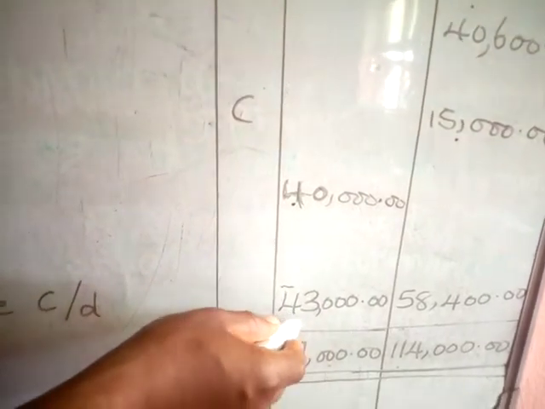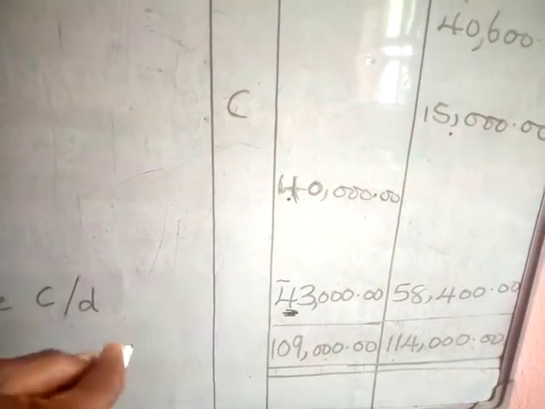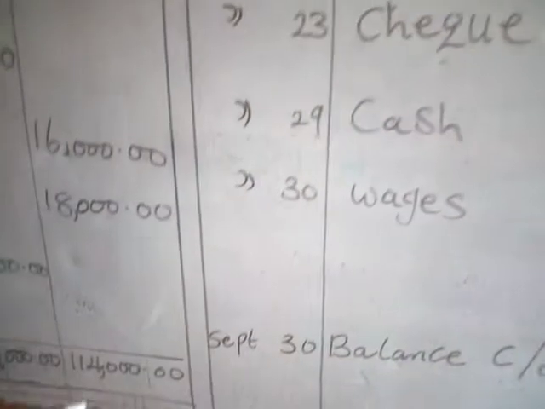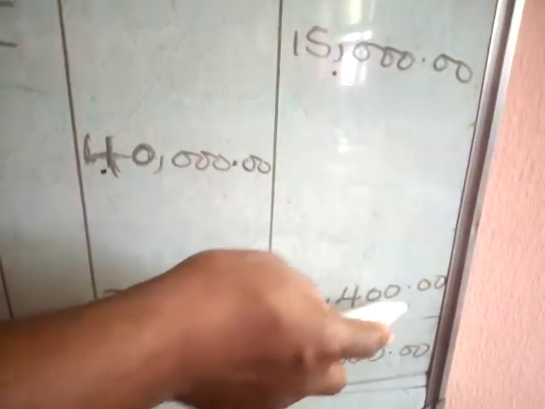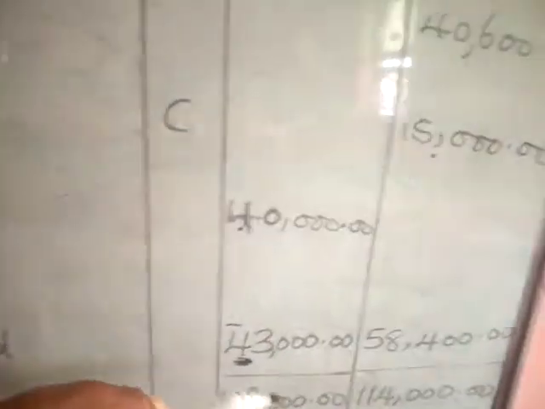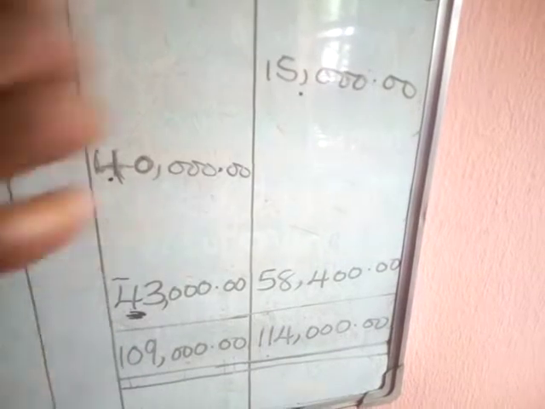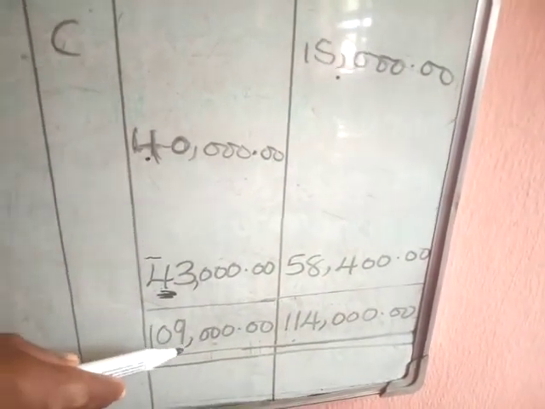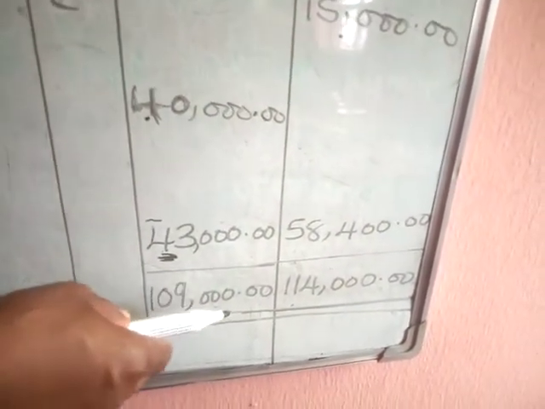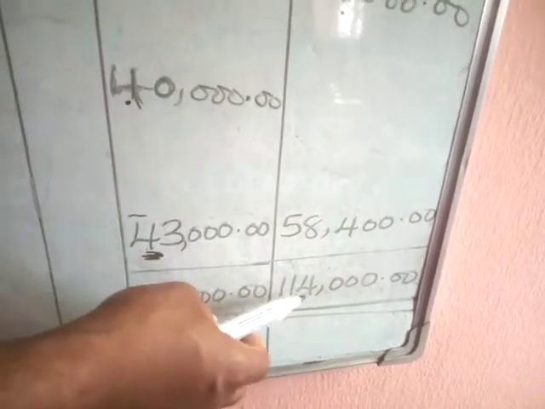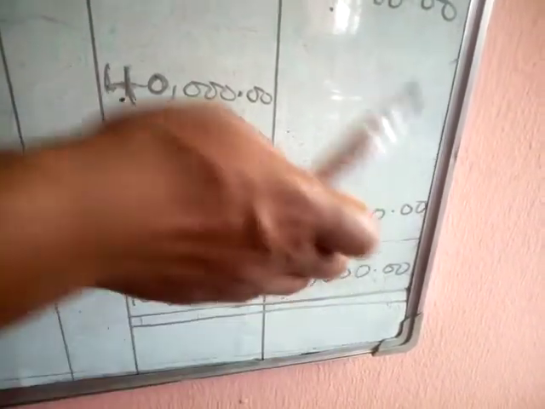That is why I have this 43,000 naira here. Then 114,000 minus this 55,600 will give us 58,400 naira. By the time I sum up everything together, I will now have a balance of 109,000 under the cash column and 114,000 under the bank column.